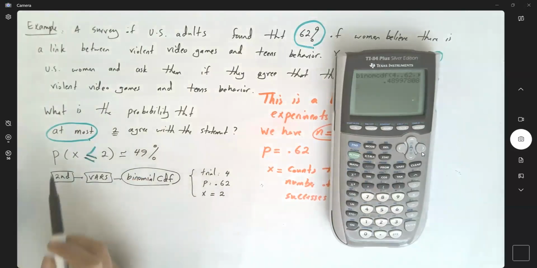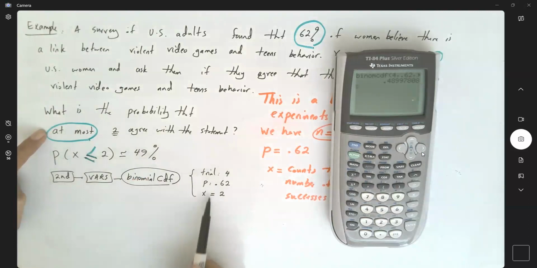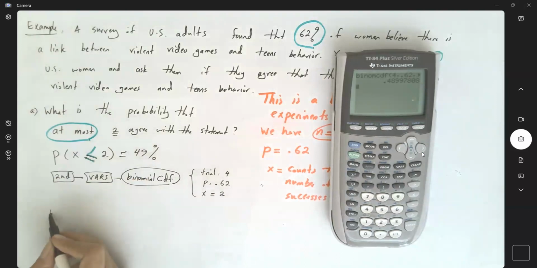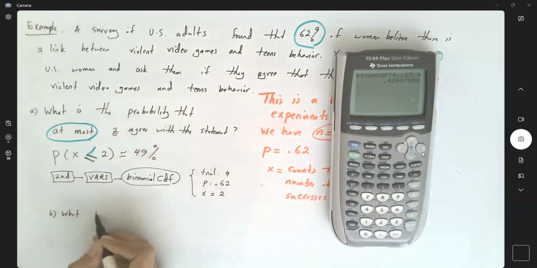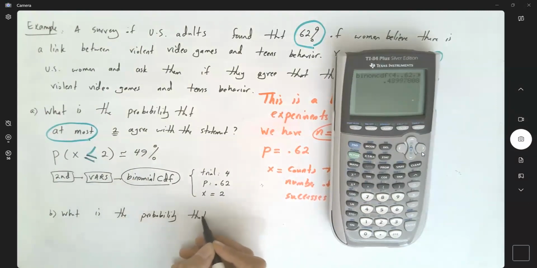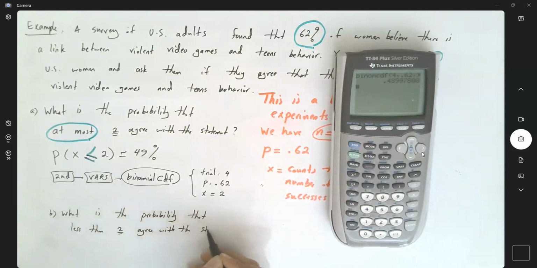So again, for at most, we use second VARS, binomial CDF, and we use the exact same values here. But if I change this to less than, what is the probability that less than 2 agree with the statement?